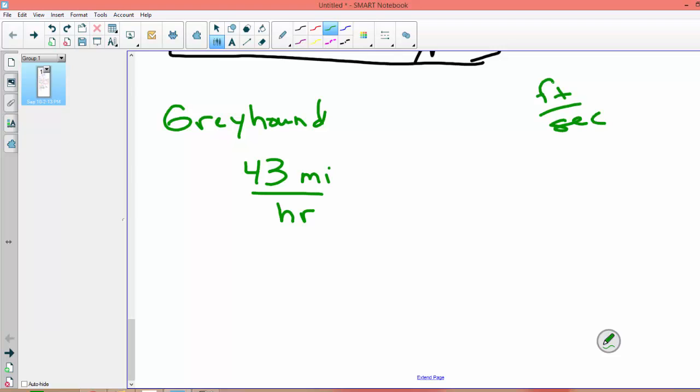And a greyhound is the second fastest land animal. Fun fact of your day. Okay, so you can for sure convert hours to seconds. And the other conversion, which maybe you know, maybe you don't, is that there's 5,280 feet in a mile. Fun fact.